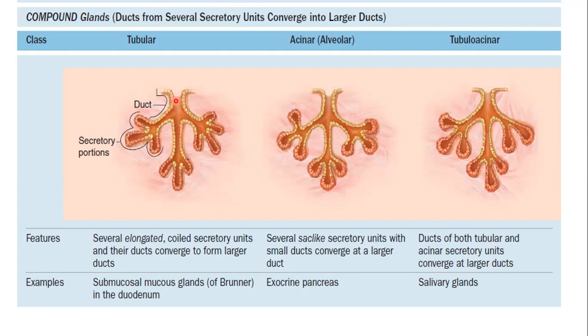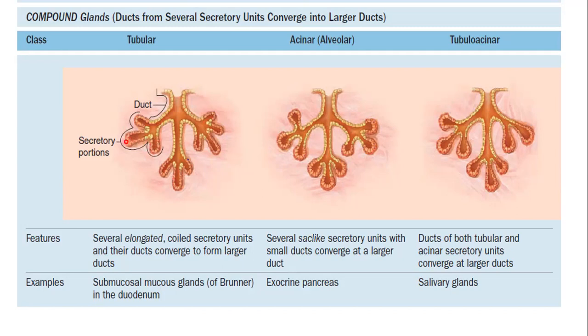We see that there's this major duct, then there are other smaller ducts. This is a duct, that is a duct, that is a duct. So three smaller ducts connected to one major duct. Because of that, this gland has multiple ducts, and therefore we can't call it a simple gland. We'll call it a compound gland.